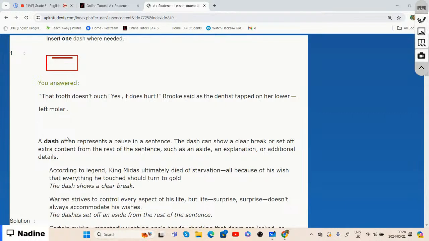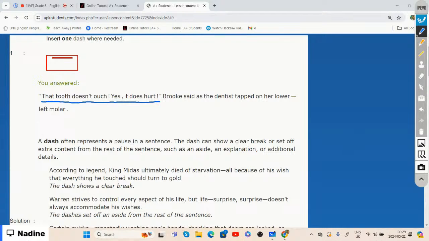So if we were to add the dash correctly, we will add it within that quoted sentence. We will rewrite it by saying that tooth doesn't, there we have our dash, ouch, and that shows an interruption.